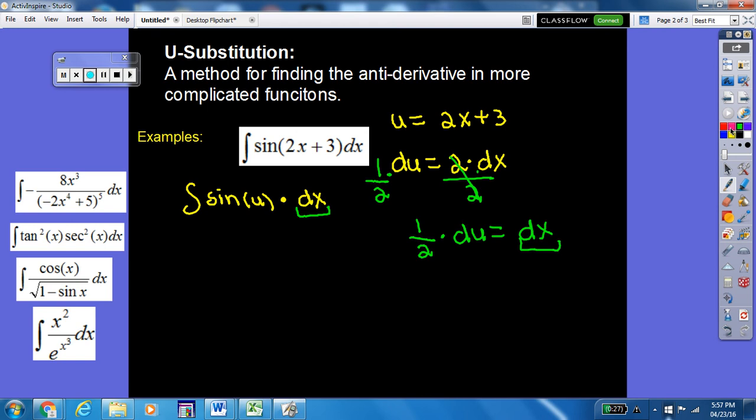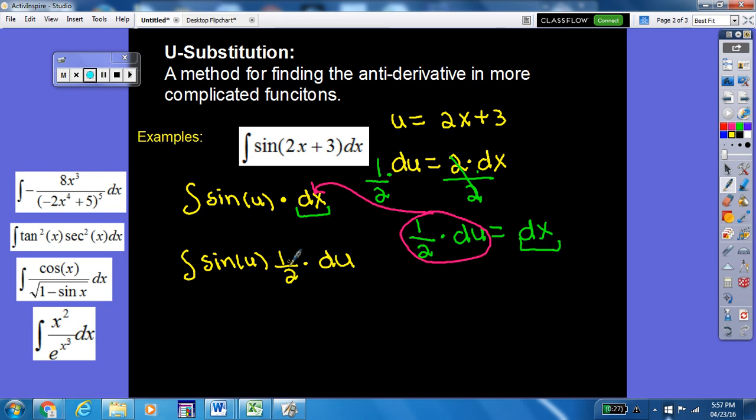Next, I'm going to take this 1/2 du, because it's equal to dx, and it's going to take the place of dx right here. So my new integral will be sine of u, but instead of dx, I will have 1/2 times du.